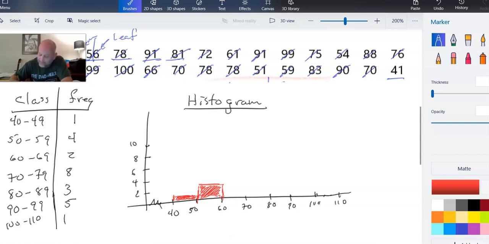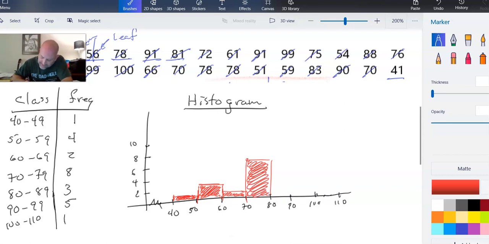And then from 60 to 69 would be the next one here, and that has a height of 2, so that's back down here again. And then from 70 to 79, we go all the way up to 8, right? That's where most of the data is. Of all the little pieces here, that's the biggest one anyhow.